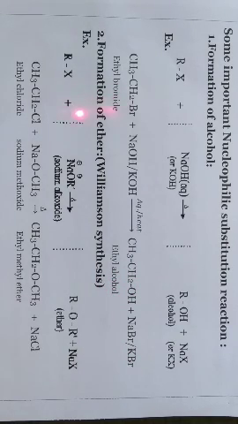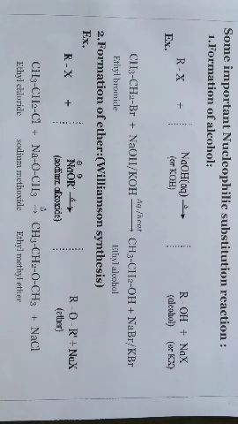Second reaction is the formation of ethers, which is the Williamson synthesis. RX reacts with NaOR, sodium alkoxide, to give ROR plus NaX. Sodium alkoxide, suppose, is sodium methoxide, NaOCH3. If we write here C2H5, the ethyl group, then it will be sodium ethoxide, and so on.